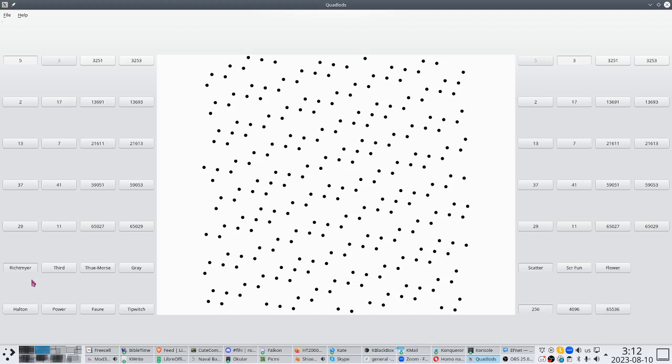In Quadlodes, the primes that are congruent to 1 mod 4 are used with the square root of the prime plus 1 divided by 2. The reason is that the number that best fills the line, the irrational number, is the square root of 5 plus 1 over 2.